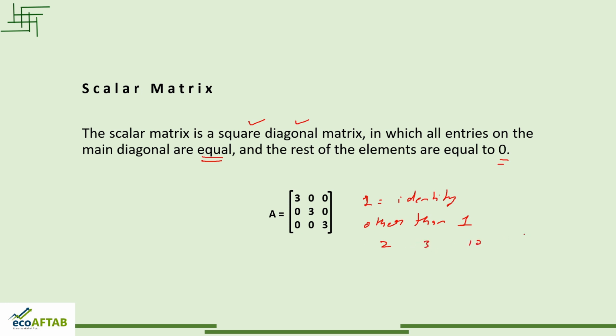Then it becomes a scalar matrix. Suppose B is equal to 5 0 0, 0 5 0, 0 0 5. So the elements in the diagonal are 5. So here it is 5, here it is 3. Both these matrices are scalar matrices, and what is their nature? It is a square matrix as well as a diagonal matrix.